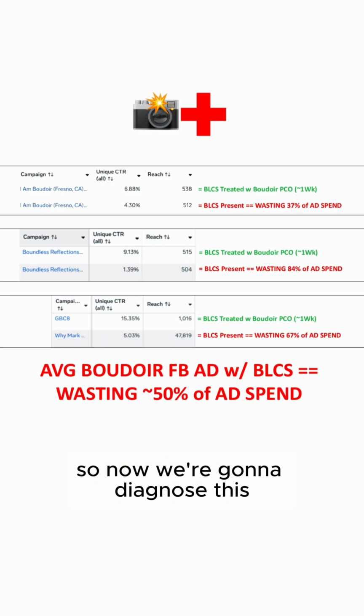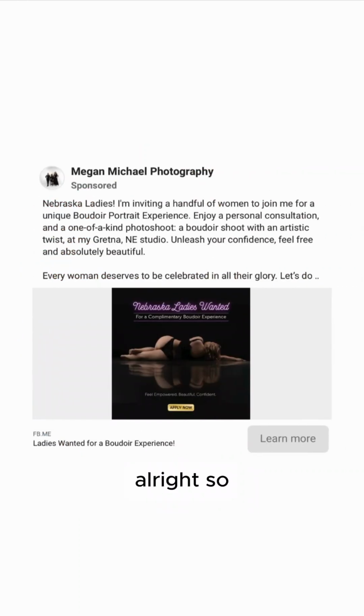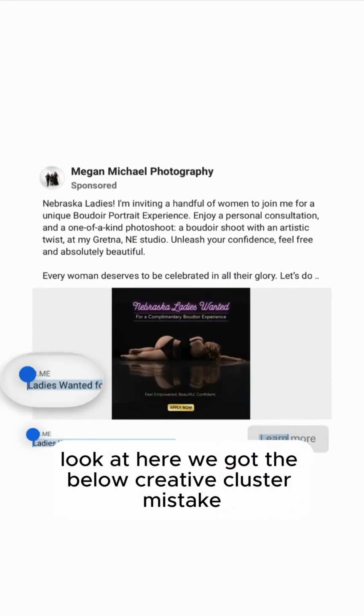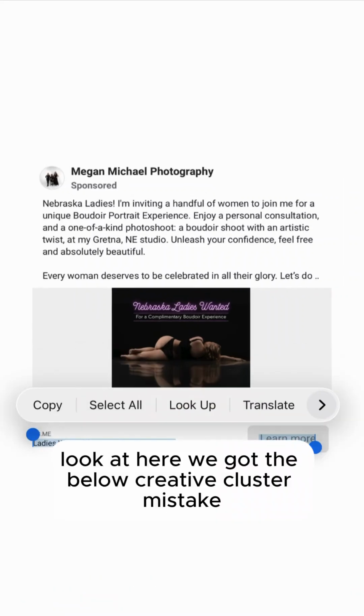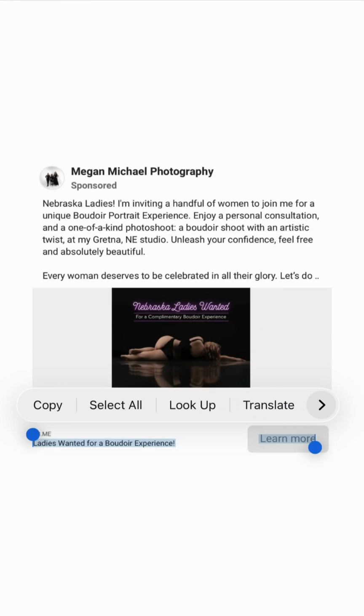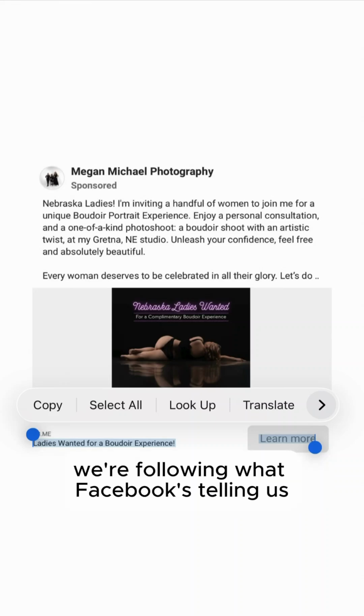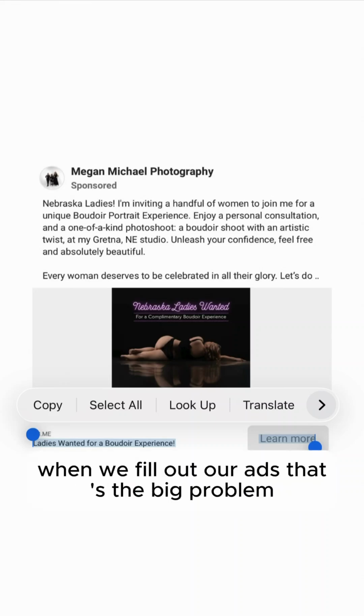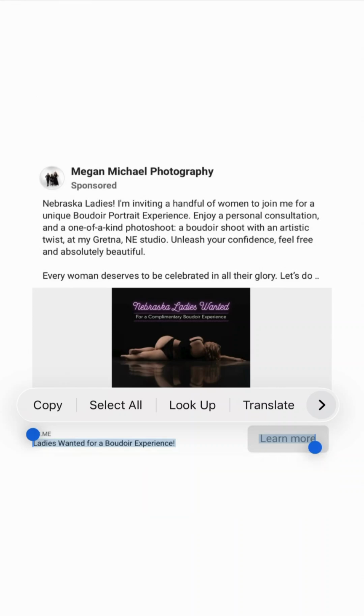So, all right. Look at here. We got the below creative cluster mistake. The false belief that caused us to make this mistake is we're following what Facebook's telling us when we fill out our ads. That's the big problem.